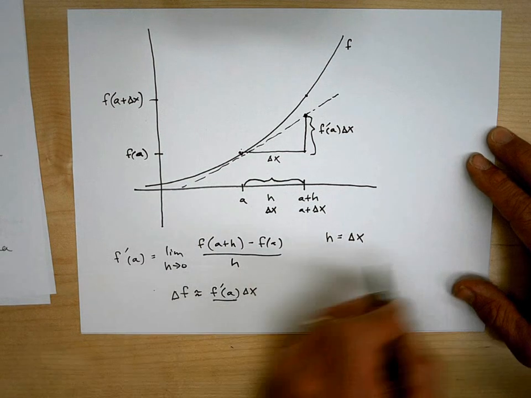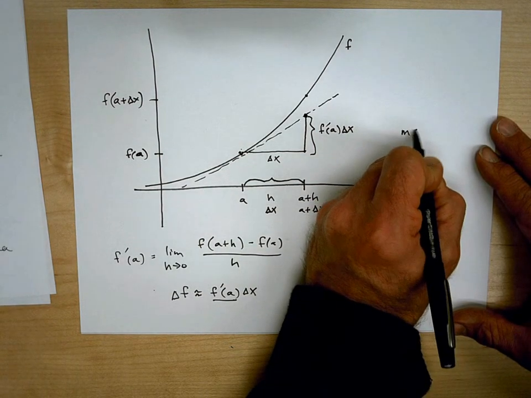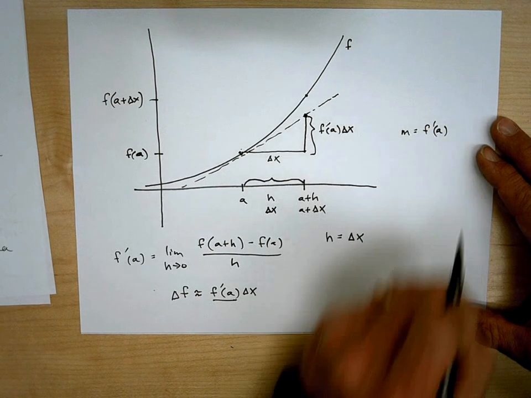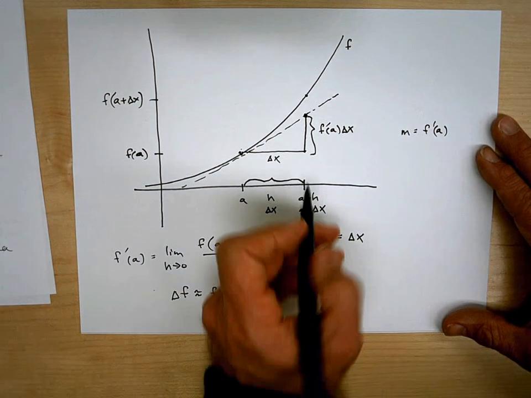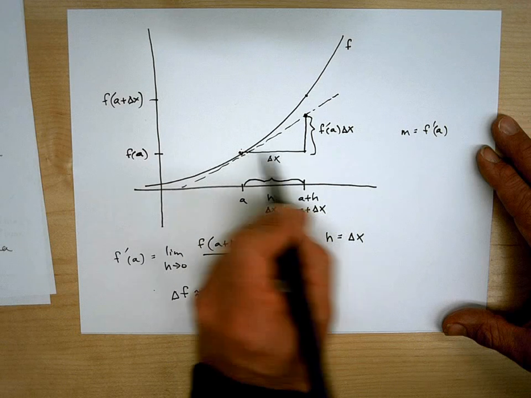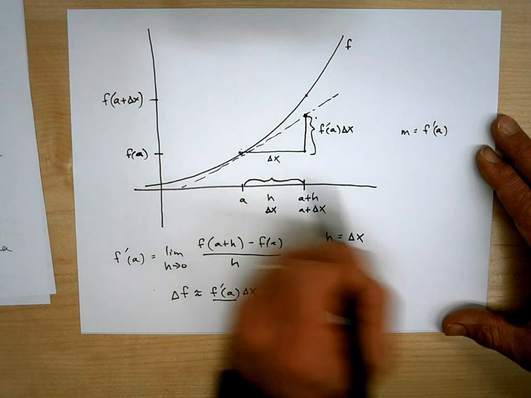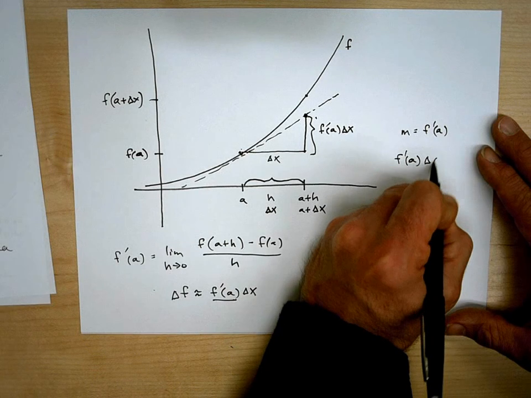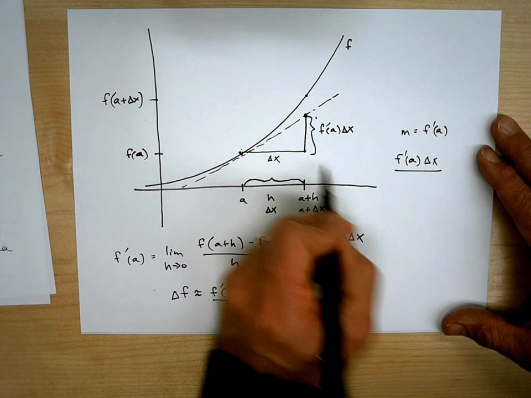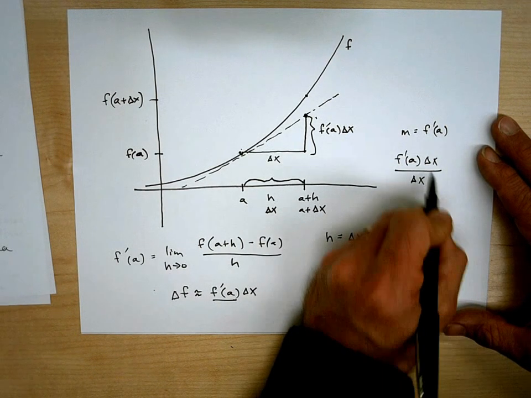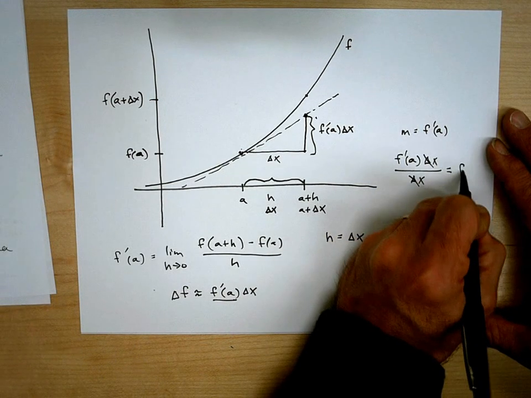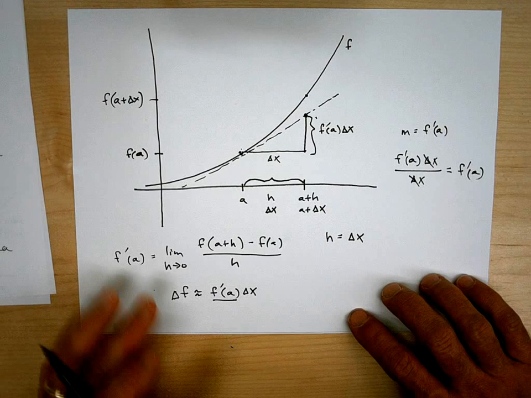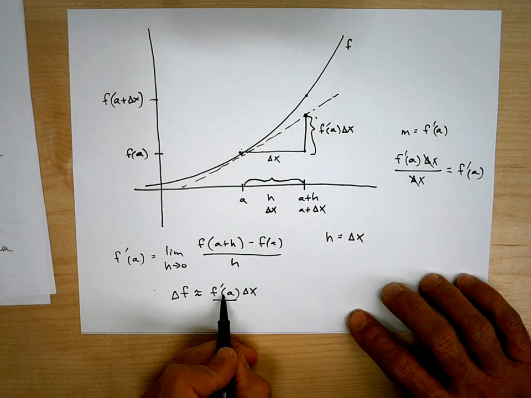Another way to see that: if m is the slope of our tangent line, along this line we have rise over run. So the vertical change is f prime of A delta x over the horizontal change, which is delta x. Those cancel, and we get back the slope. So this is a way to understand why we have f prime of A times delta x.